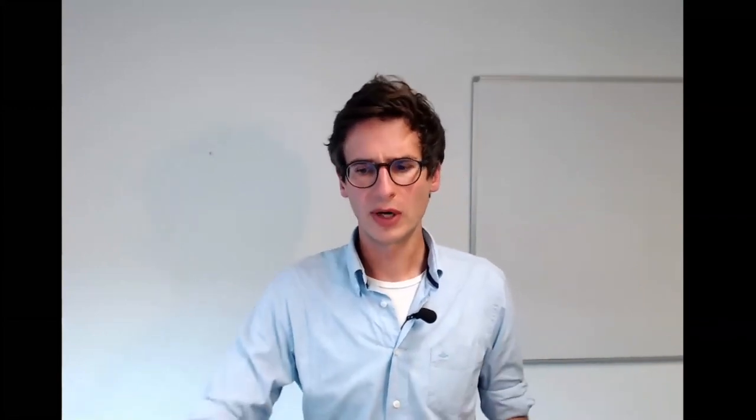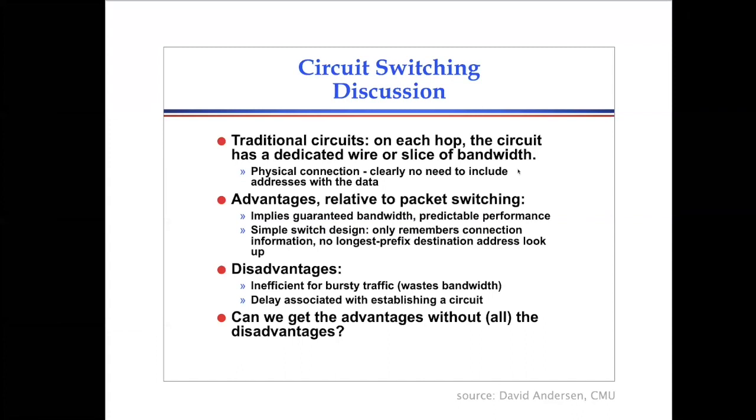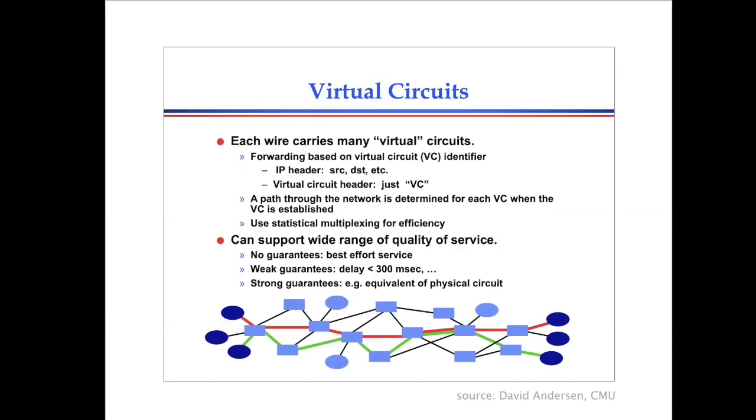So what we'll talk about in the context of MPLS is a hybrid mode. And as usual in hybrid, we try to get the advantages of one solution or multiple solutions without the disadvantages of either. That's something we'll try to achieve here as well with this notion of label switching that relates to virtual circuits.